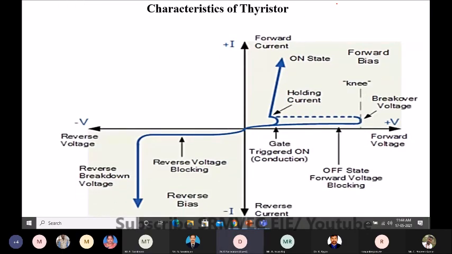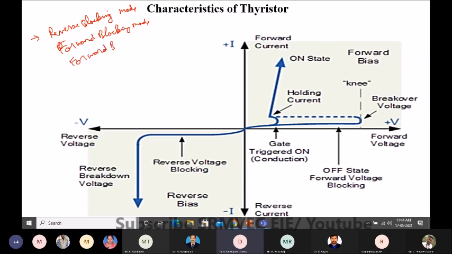When you come to the characteristics, we have to see three different characteristics. One is what we call reverse blocking mode, then forward blocking mode and forward conduction mode.